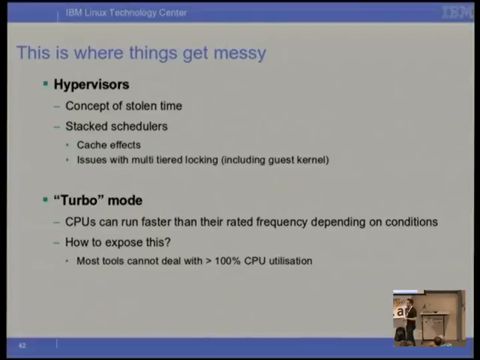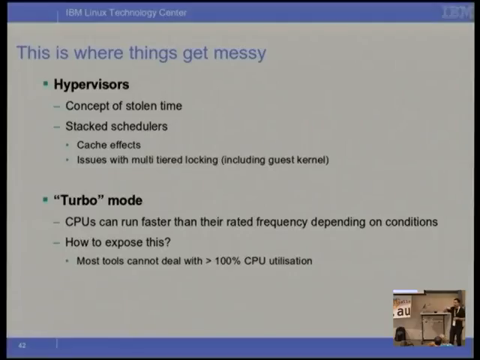And it gets really difficult now because you've got stacked schedulers. So all of a sudden you've got a scheduler on top of a scheduler, and you do things potentially in user space and the guest kernel that may not behave as well. One word for it is multi-tiered locking. Some locking primitives, I see this a lot in big applications, I won't mention any names, but they decide that they're better at locking than the kernel, so they actually have this multi-tier locking.